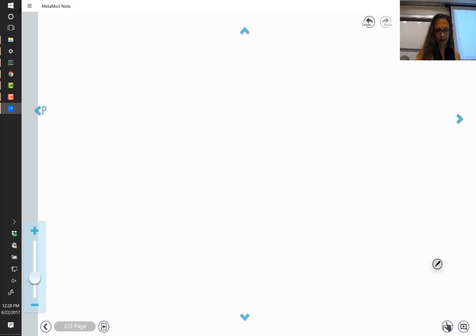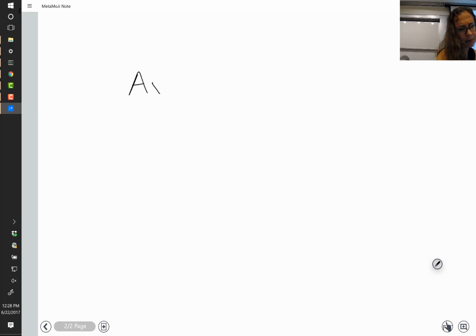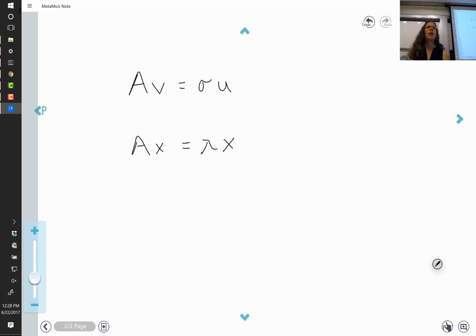Singular values we can think of as A times V equals sigma times U. And then eigenvalues can be thought of as AX equals lambda X. Notice that with this first equation, when we're talking about the SVD, we're typically writing out the full matrices.